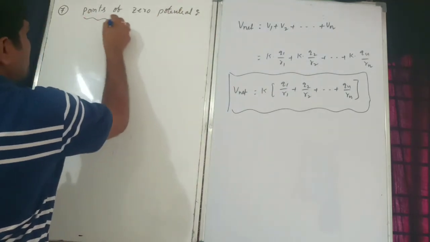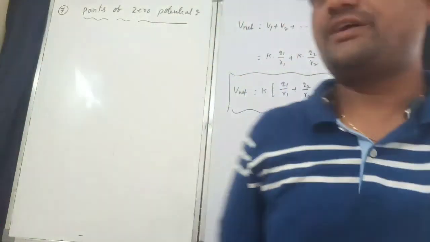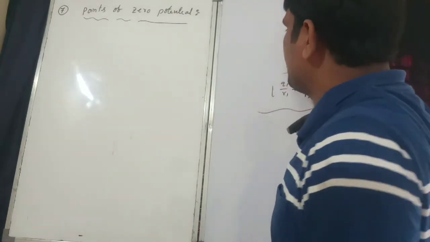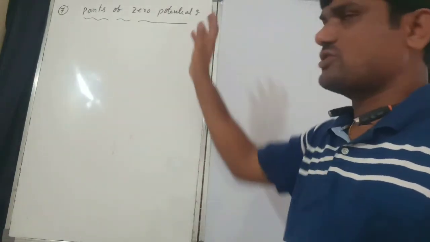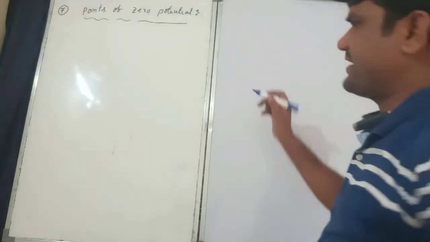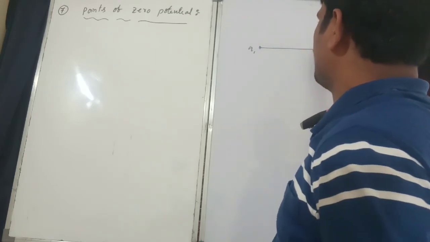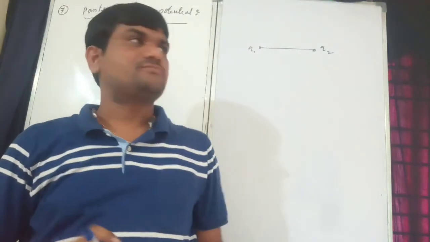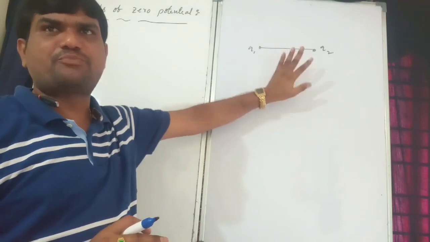So many times we learn this concept. What is the meaning? For example, here Q1, here Q2 will be there. Where the net potential becomes 0. Where the net potential is equal to 0.